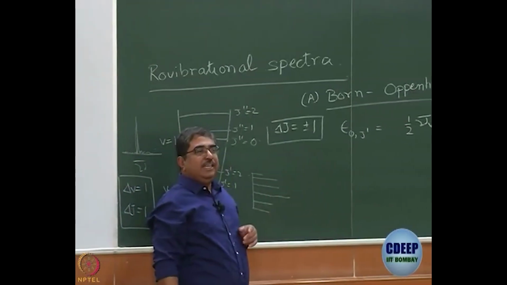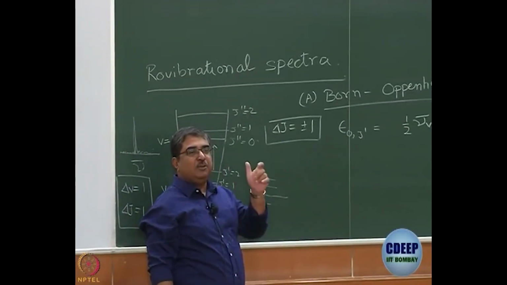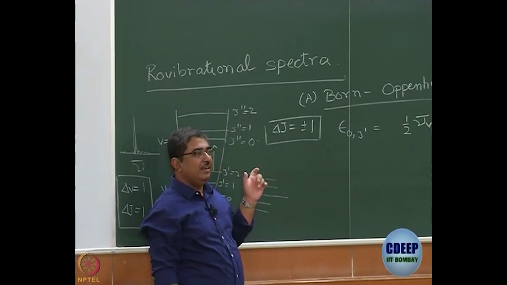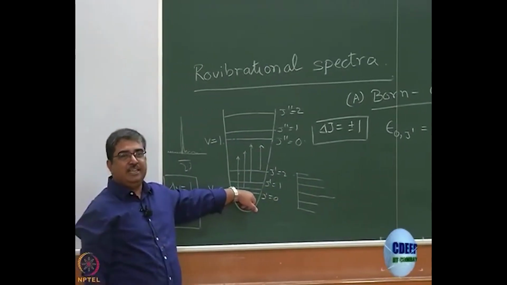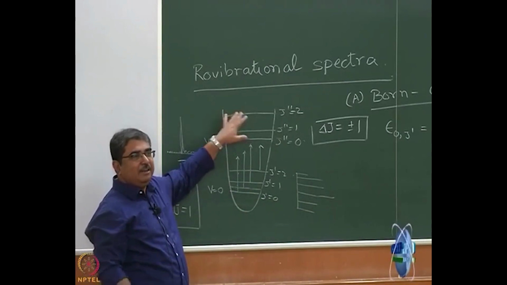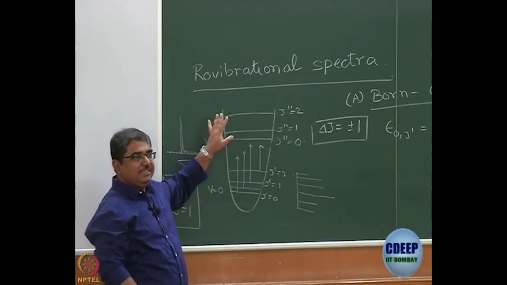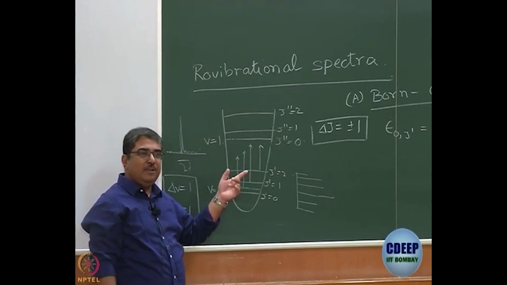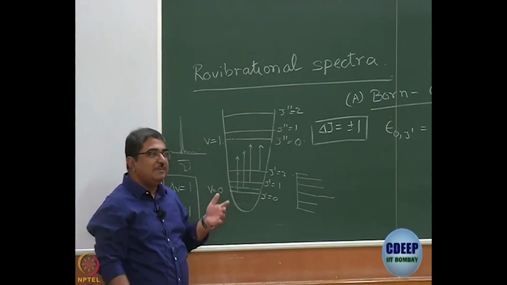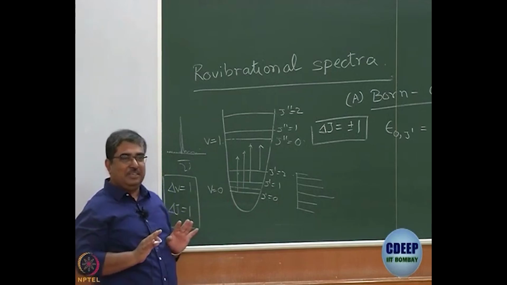What would be the range of J dash in this case if delta J equal to plus 1? J dash is the level of origin, J double dash in my notation is level of destination. So, if delta J equal to plus 1, what are the allowed values of J dash? This might sound like a trivial question at this point.